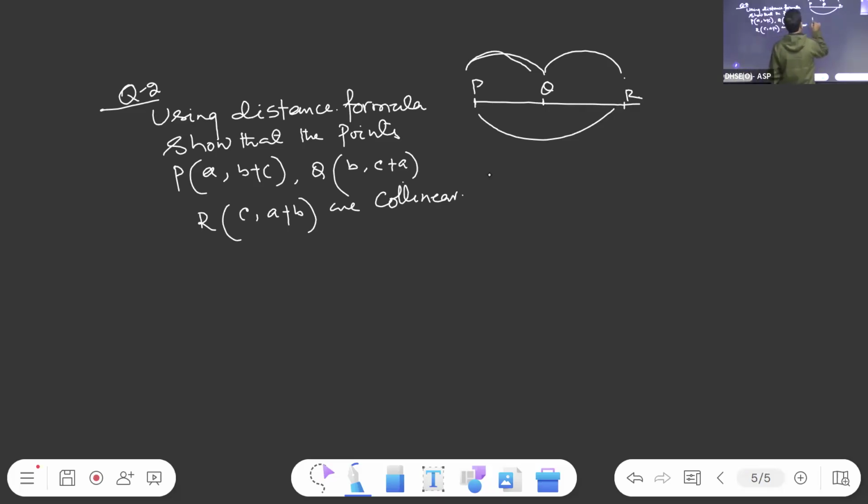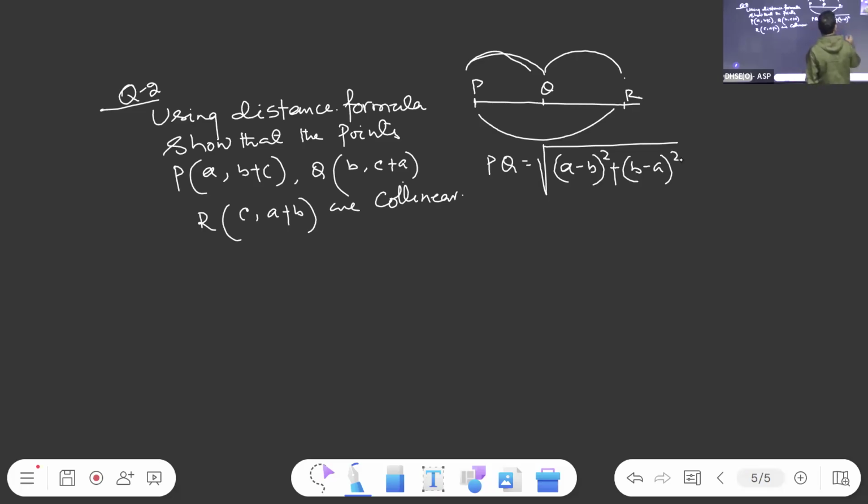So using distance formula, we can calculate PQ is equal to under root (a minus b) whole square plus (b plus c minus c plus a, that is b minus a) whole square. You know, (a minus b) whole square is equal to (b minus a) whole square. This is equal to 2 times (a minus b) whole square.